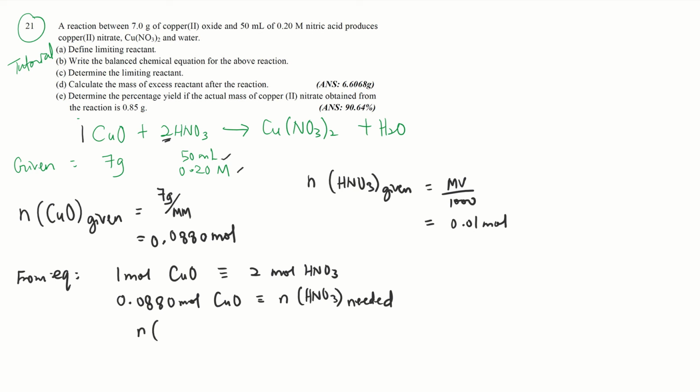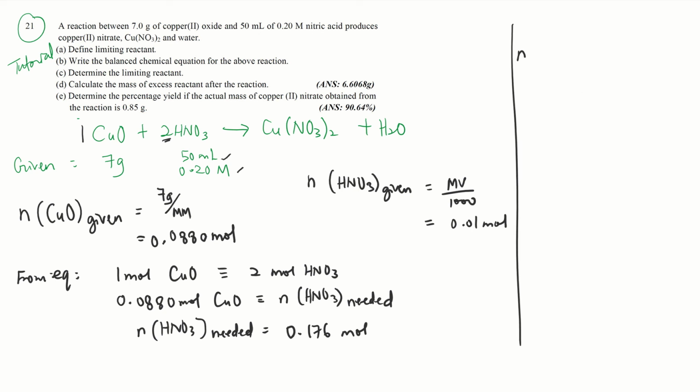Just to recap what you have learned: after that, the number needed is 0.176 mole. Then we normally compare the number of moles for the given one with the number of moles needed, and from there we can determine which one is the limiting reactant.